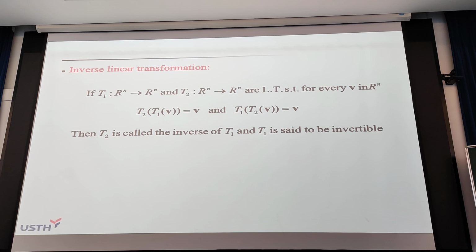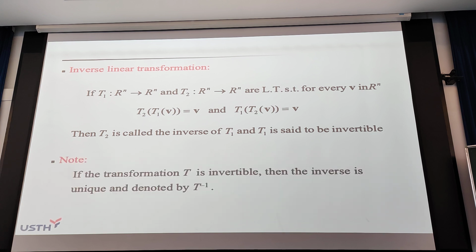If T1, T2 satisfy T2 composed with T1 equals identity and T1 composed with T2 equals identity, then T2 will become the inverse of T1. In that case, T1 will become invertible. Invertible in Vietnamese, khả nghịch, ánh xạ khả nghịch. The inverse of T1, ánh xạ ngược của ánh xạ T1.